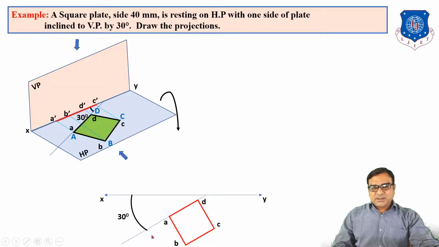So in 2D, the projection of A on the vertical plane is A dash, B to B dash, C to C dash, and D to D dash. And this is the front view. So this is known as the projection of a square plate. Projections are nothing but the front view and top view of the plane.